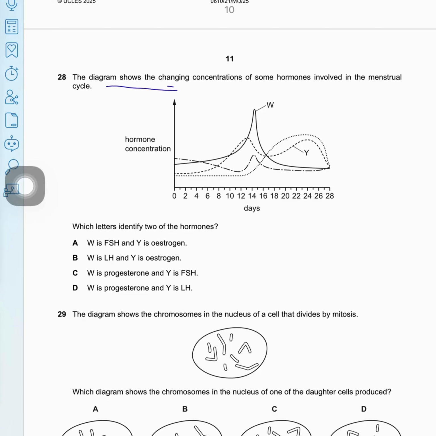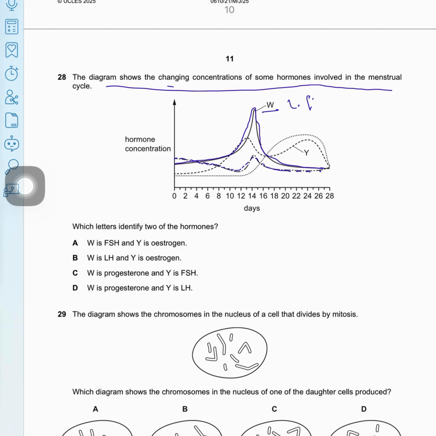Question 28. The diagram shows the changing concentration of some hormones involved in the menstrual cycle. Very important to know the hormones. Let's start with the first hormone which is released, which one is it? Yes, FSH. FSH is this hormone. Increased, then decreased, has only one peak. Then this hormone, the one which increased only on the 14th day, has the highest peak.